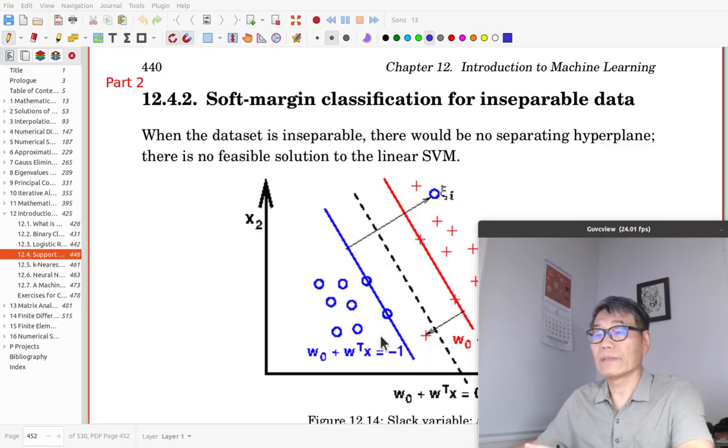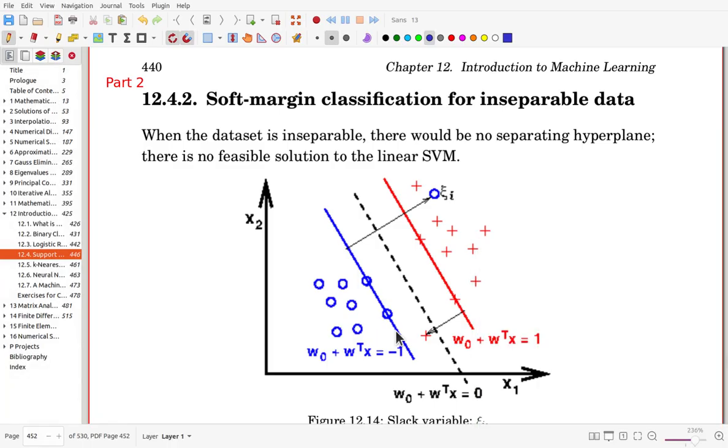As in this figure, for example, some points from these O points, and one of them is here, and from positive points, one of them is here, so that we cannot build a separating hyperplane. So there is no feasible solution for the linear support vector machine.